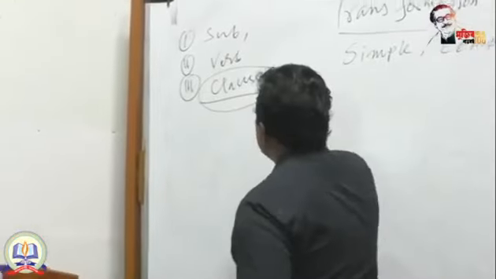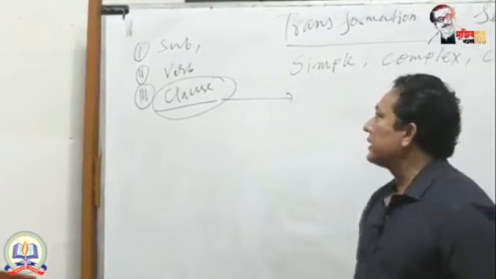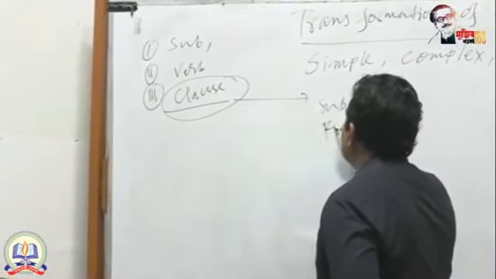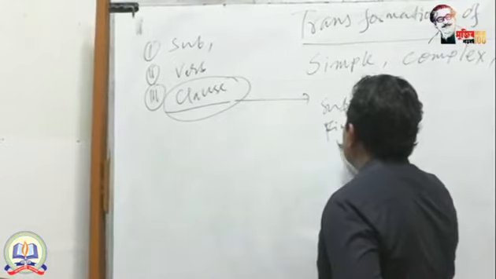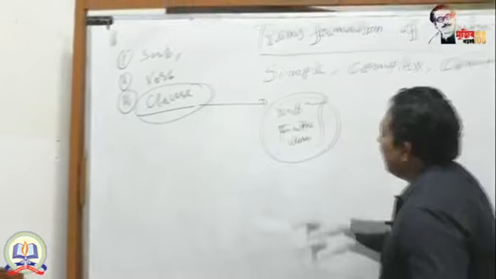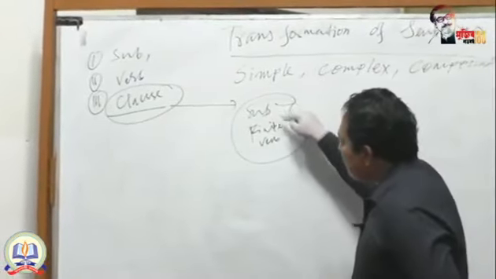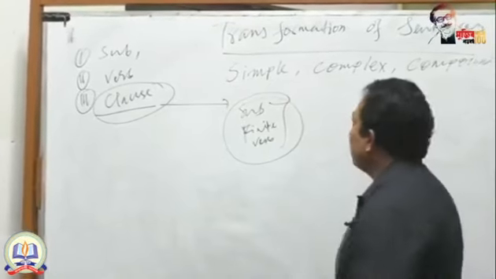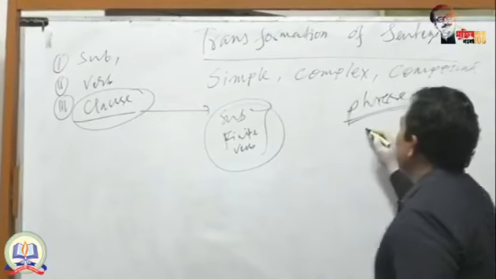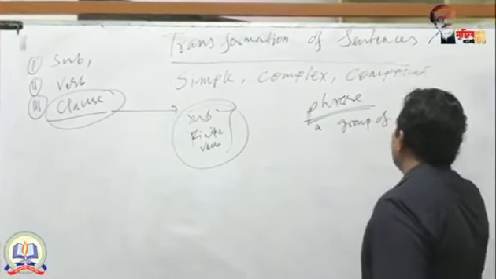In a clause, you will get the full characteristics of a simple sentence. That means in a clause you will get a subject and a finite verb. These are the characteristics of a sentence. But a phrase is a group of words.